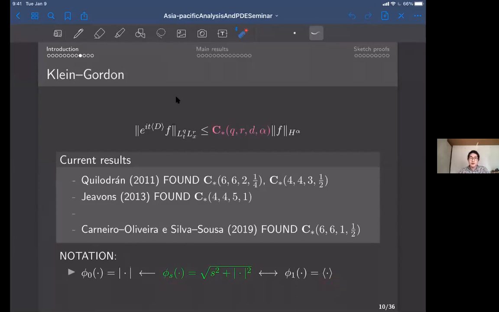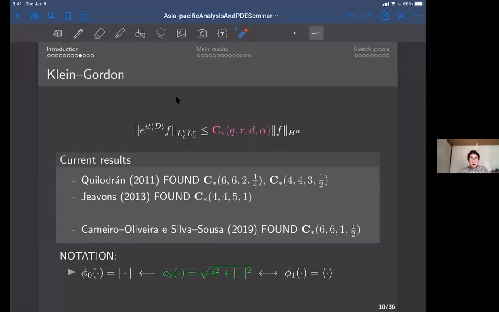So why not use the generalized one? And formally, with this function, if you let s be 0, then you have the modulus. That's the wave case. So this is how the wave and the Klein-Gordon are connected.